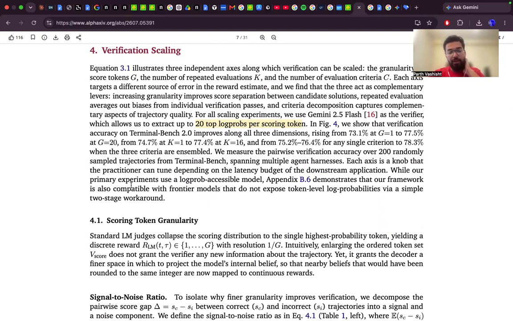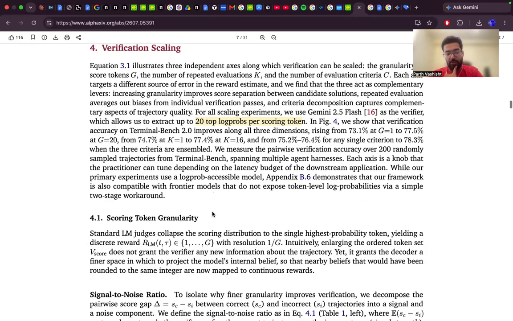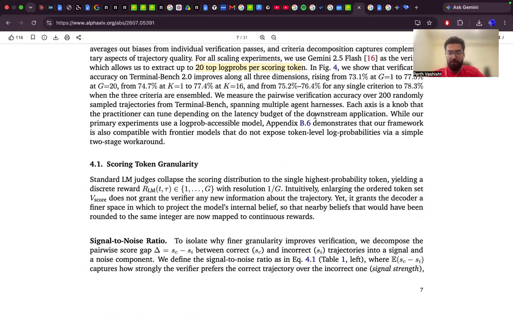Now, while our primary experiments use a log probability accessible model, Appendix B.6 demonstrates that our framework is also compatible with frontier models that do not expose token level log probabilities via a simple two-stage workaround. This is going to be interesting because it is quite useful if, let's say, a company is trying to implement LLM as a verifier using frontier models and log probabilities are not available.